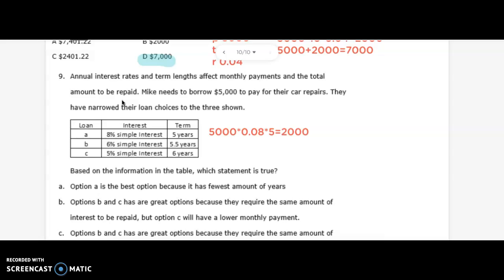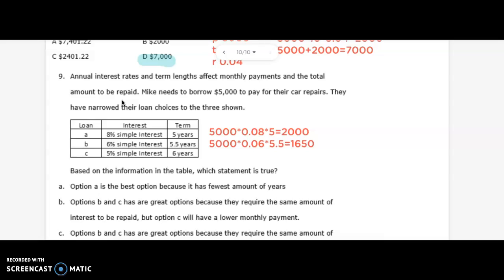So now I'm going to move on to the next one, which is still $5,000 times, my rate is different, 0.06 times 5.5 years. Okay, and that equals, spread that out. So we got 5,000 times 0.06 times 5.5. So this is $1,650 that he's paying in interest.